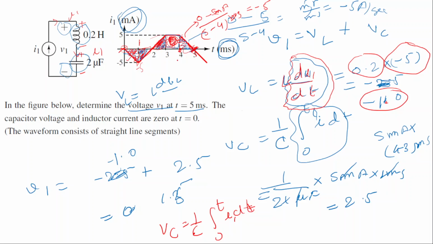This area is the magnitude of the height multiplied by the length of the triangle: 5 milliampere multiplied by 1 millisecond. So it becomes microampere second. Does that answer your query?